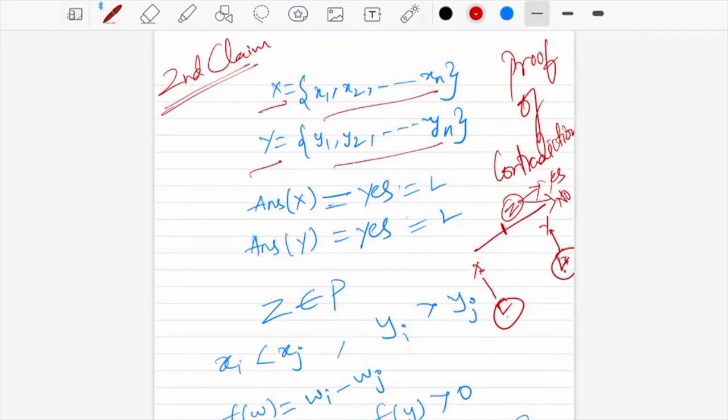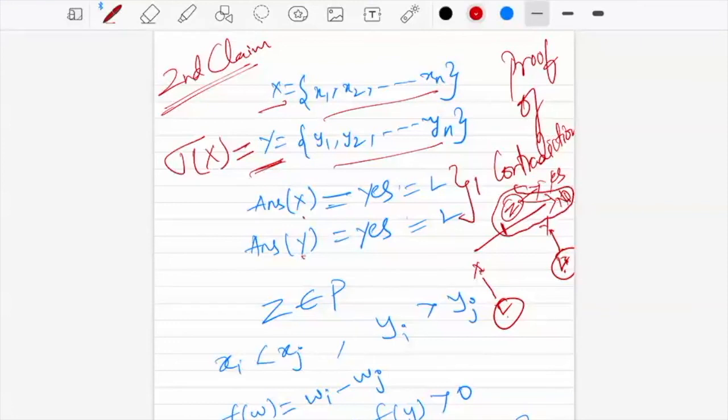So through proof of contradiction, we are going to prove that Z is going through a no leaf. I forgot to mention that the Y instance is nothing but a permutation of the X instance. I'll show you an example in a bit.